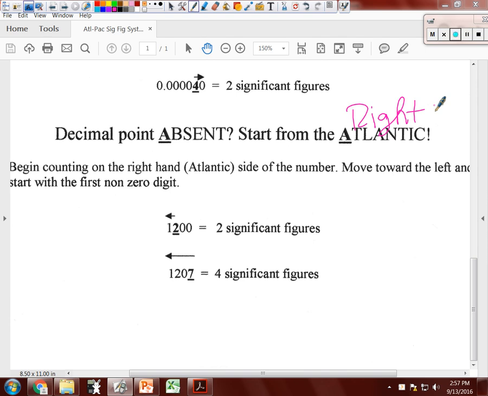Okay, so begin counting on the right or the Atlantic side of the, and again, we're going to change this to value. Okay, and we're going to scratch through all of this. And we're going to capitalize our S to make sure it's grammatically correct. So we're going to start with the what again? The first non-zero digit.